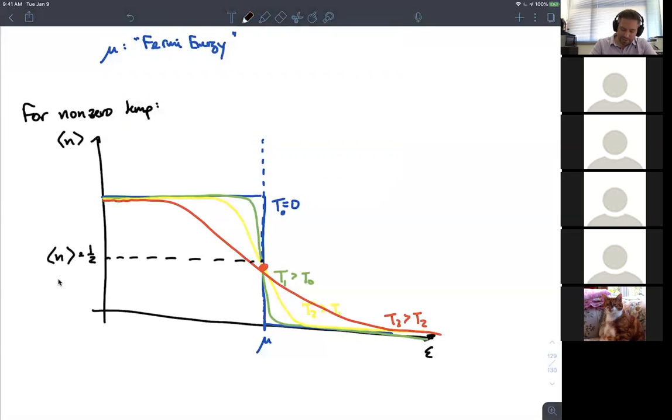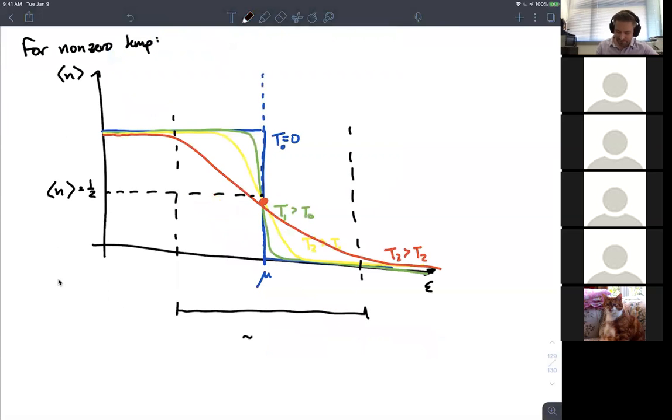Now the width of this thing, so essentially the region over which the thing smoothly changes, is proportional to the temperature. So the larger the temperature, the wider the range over which the thing smoothly decays. If the temperature is small, then it drops really rapidly. Okay, does that make sense?